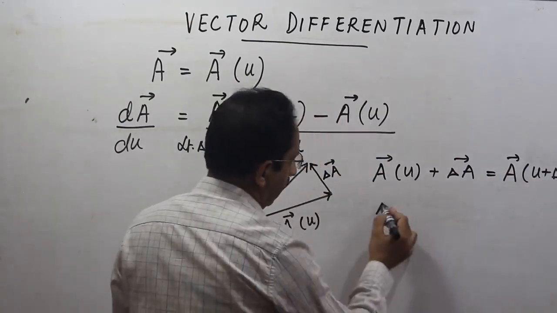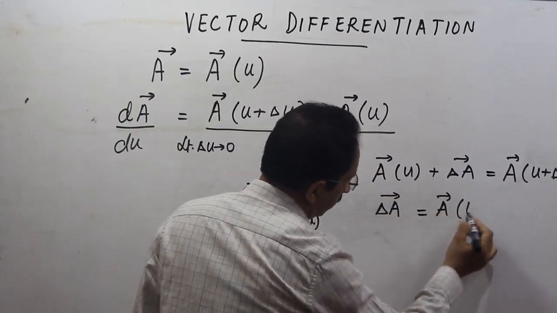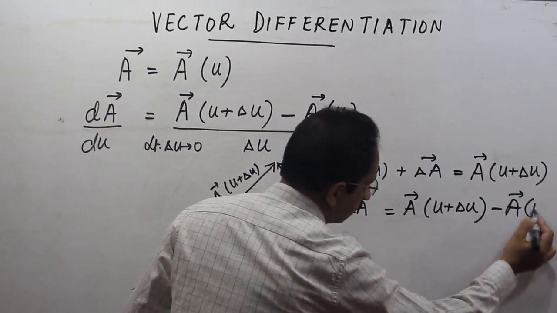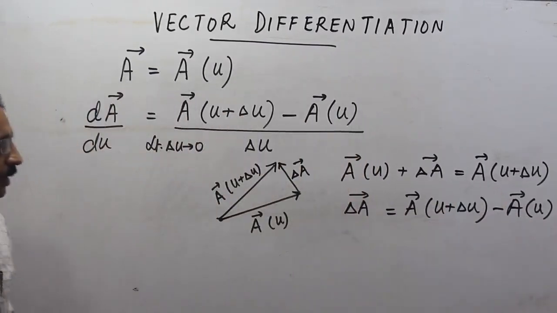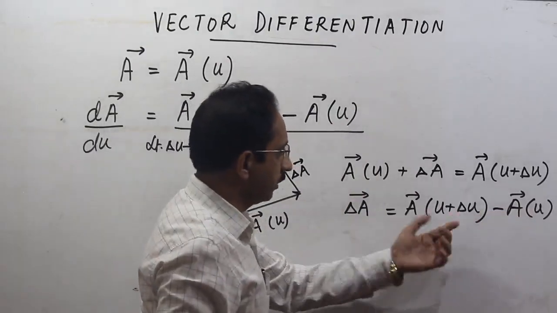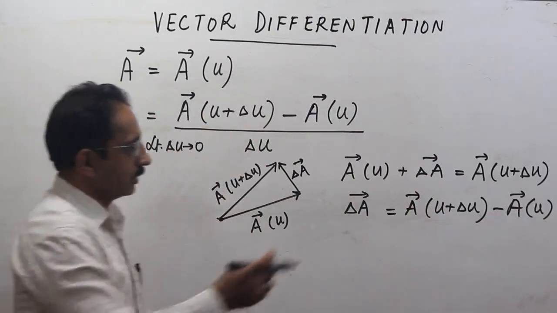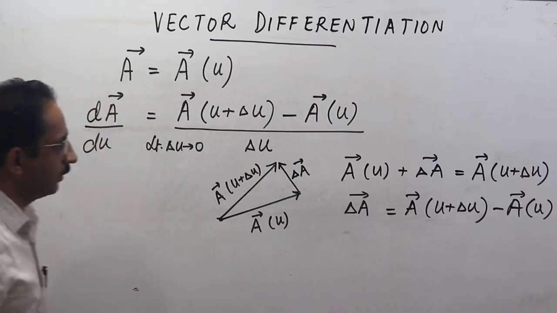So that I have delta A equal to A of u plus delta u minus A of u. So that is the initial value of the vector at some point, and then the increment in value of u, that is delta u, gives the new value adopted by this vector, and this difference gives us the change in the value of A.